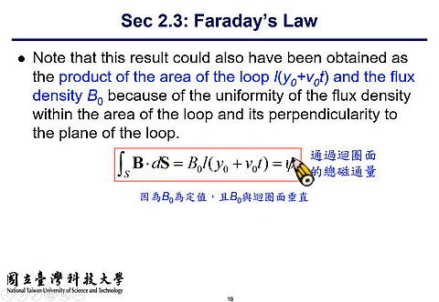The integration is relatively simple because the magnetic flux density B happens to be perpendicular to the surface; to put it another way, the B sub 0 direction is the same as the normal of the loop surface. So the calculation is relatively simple.